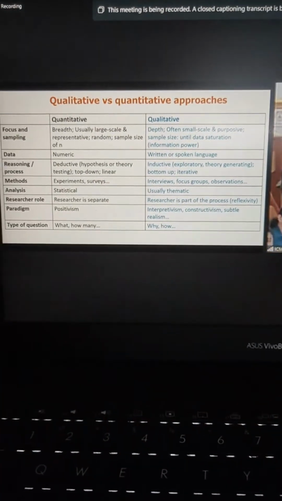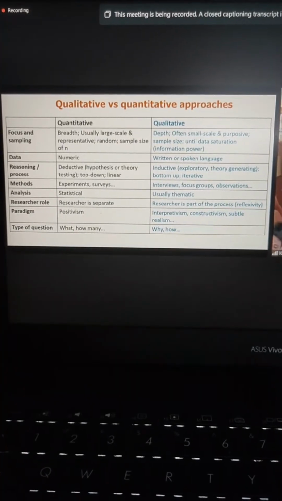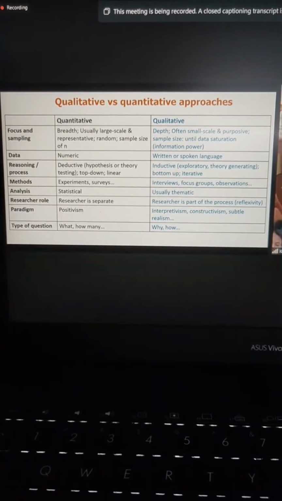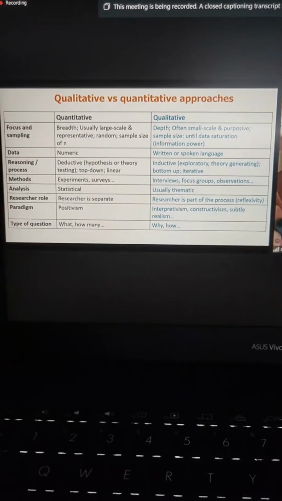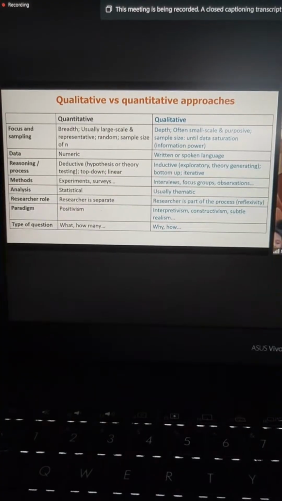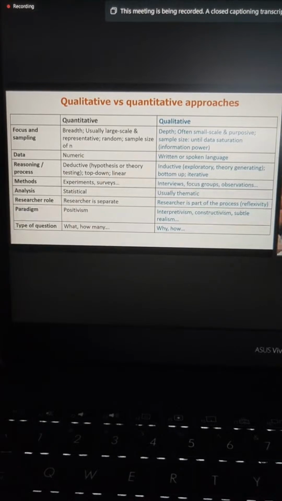I won't get into paradigms here, but just to say that quantitative research usually draws from a positivist paradigm, where there is this belief that there is a single truth out there, you follow a certain number of steps and you can arrive at that truth, or the phenomenon that you're trying to look at.